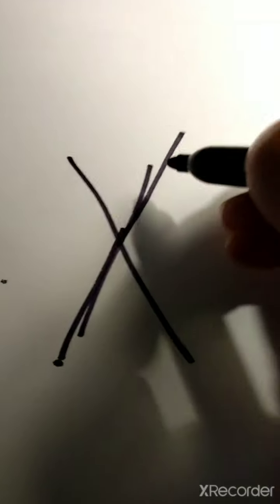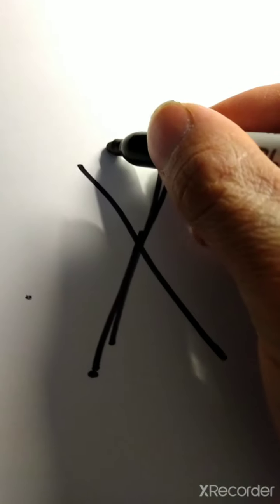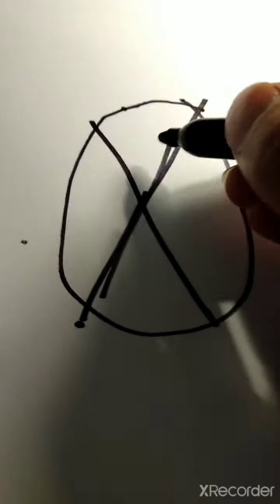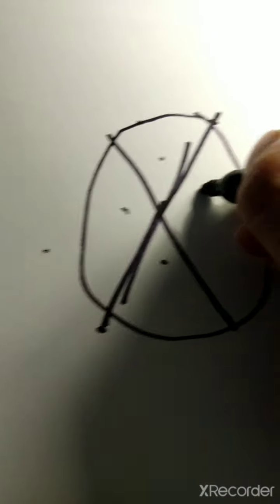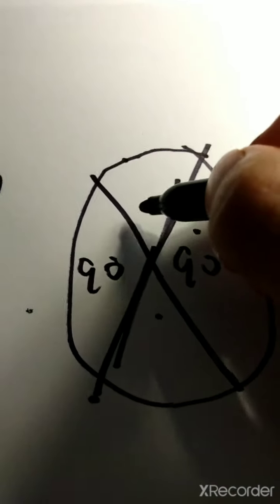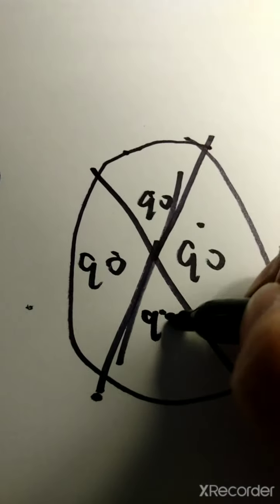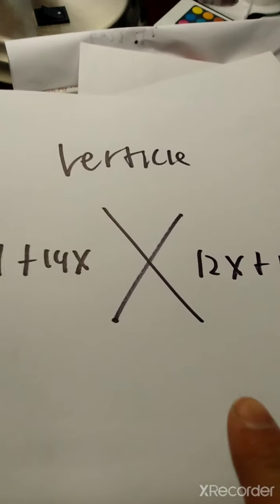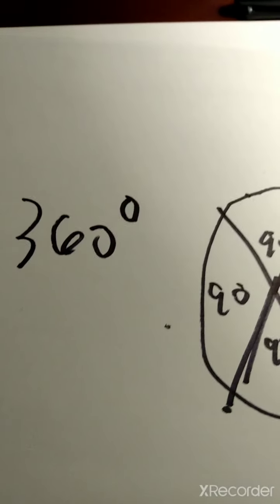With vertical angles, they make a circle, so pretty much if you add this and this, you'll make a circle, and that will be 360 degrees. So, for example, if this is 90 and that's 90, this must be 90 and that's 90 as well. So, vertical lines usually tend to have 360 degrees in them.